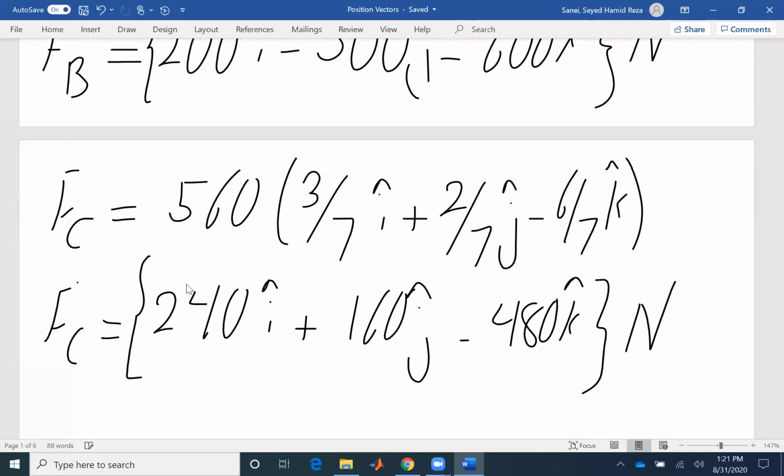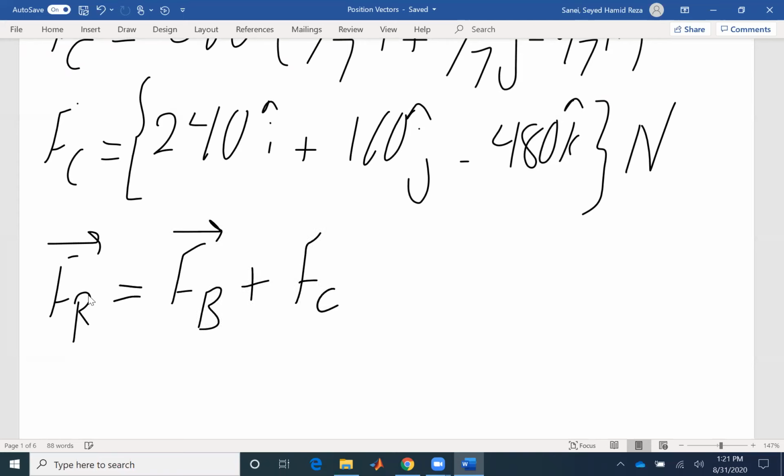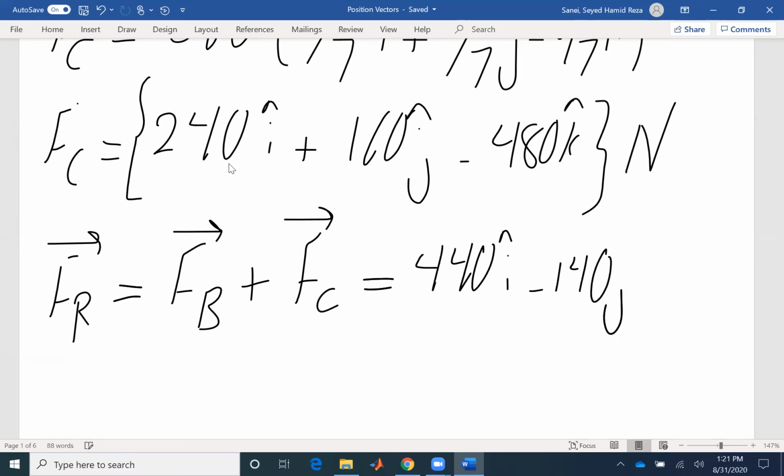Now the question is asking for the resultant force, FR. Now I have both of them in their component form, so I can simply add them together. We said that each component is a scalar, so I can add the components. And if I do so, I have 440i minus 140j minus 1080k.